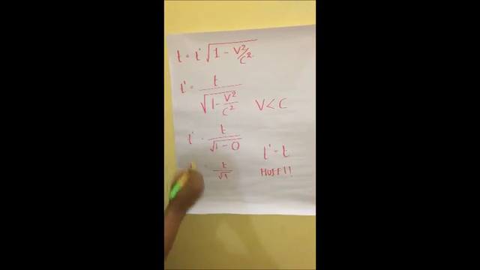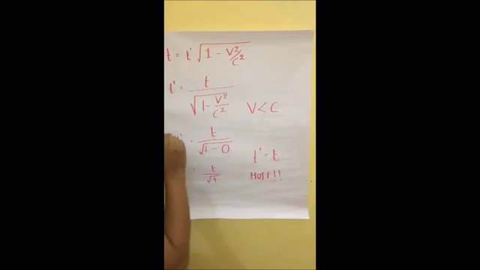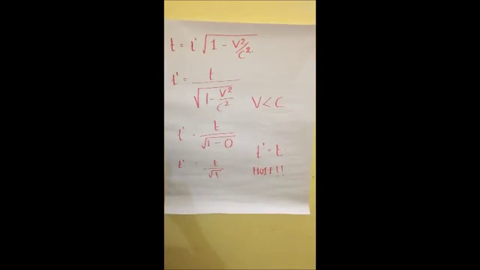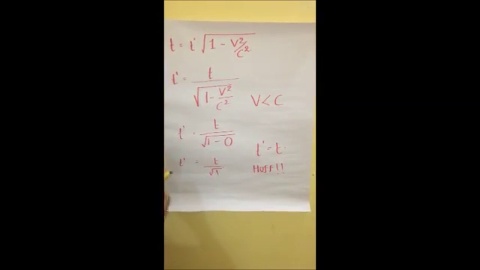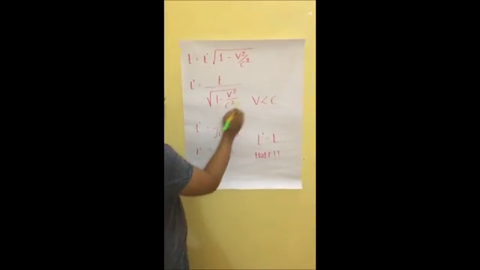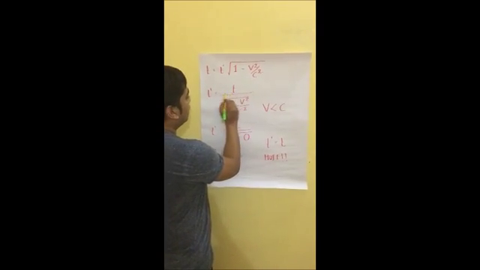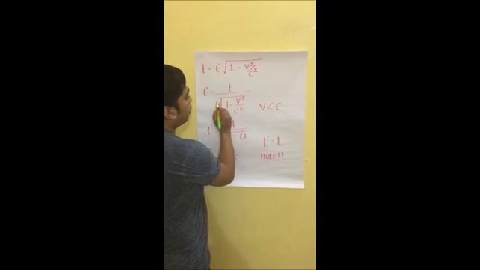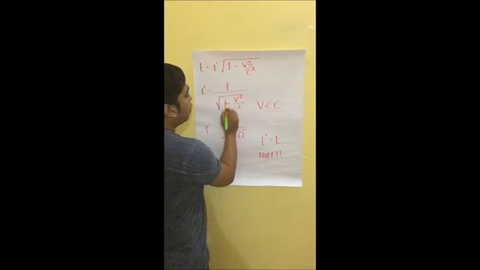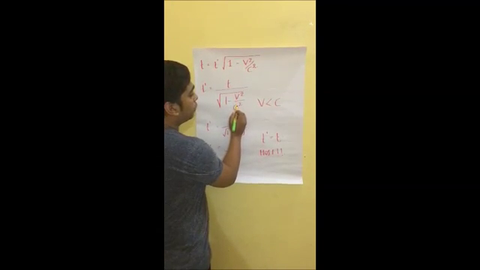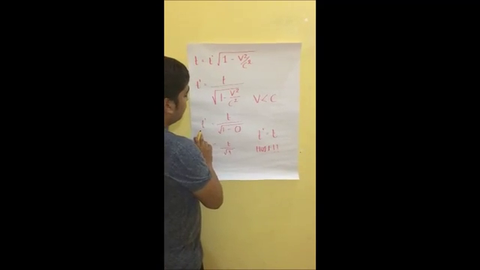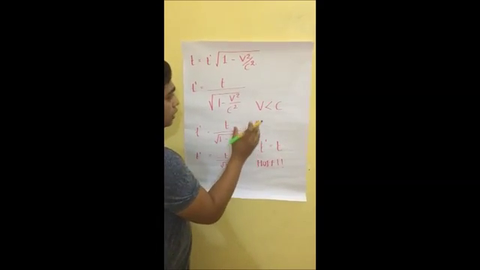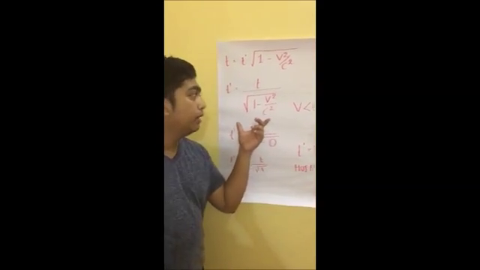Again, we want to see what t prime actually is. That is the time which a person observes when the person is stationary. So t prime equals t upon under root 1 minus v square upon c square. This is the final equation which we will be getting.